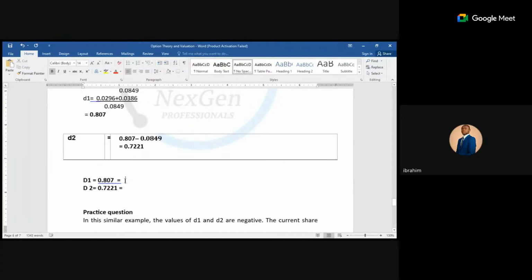You can rewrite it in 2 decimal places. So this will be 0.81, and this will be 0.72. So therefore, for ND1 and ND2, we will add 0.5.